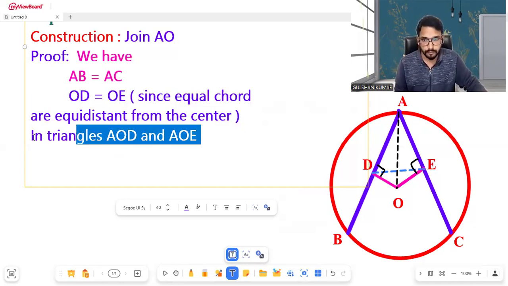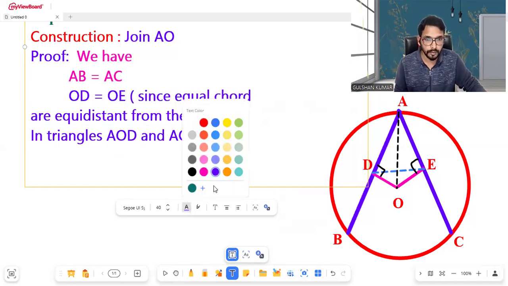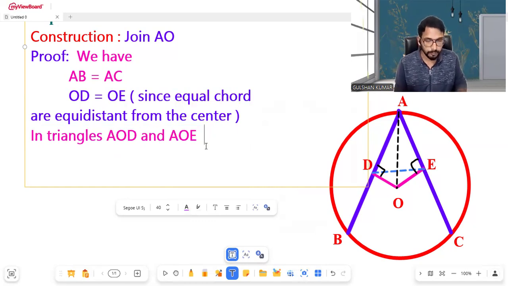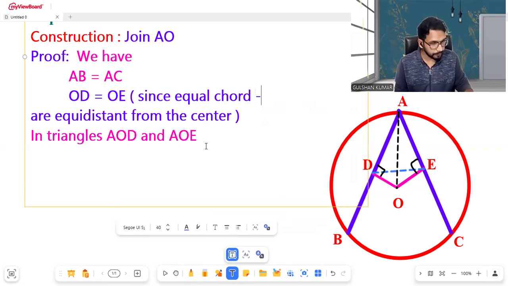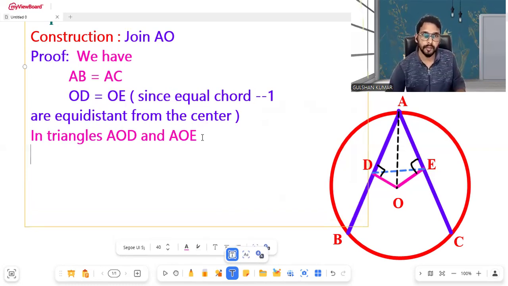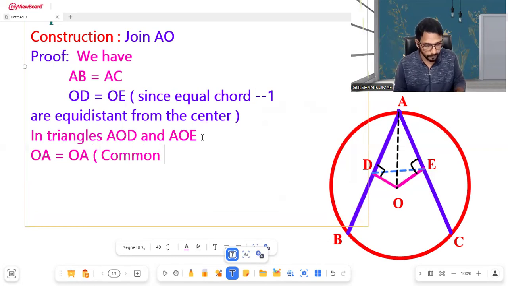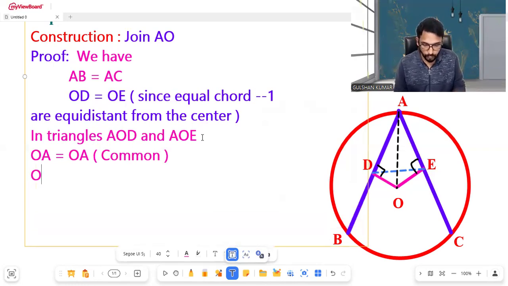Basically, we have OA equals OA, that is common, and OD equals OE, from before.